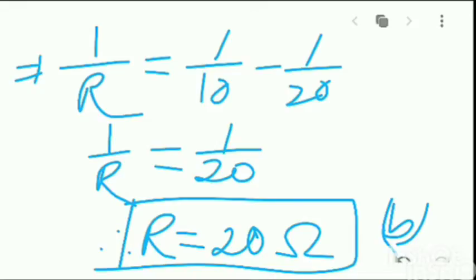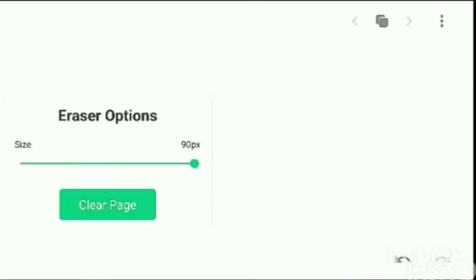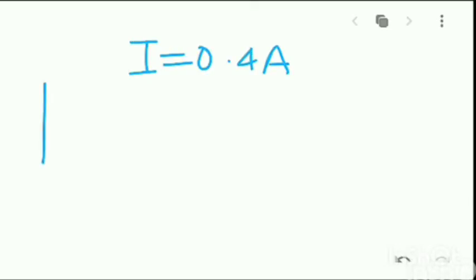And third, another important question for all of you: what is the current flowing through the R resistance. You can see that the net current flow is 0.4 ampere. But when they are connected, the current gets divided into two parts.